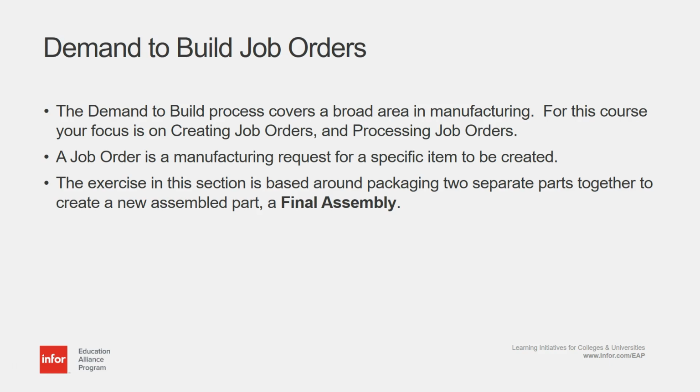We need resources to solidify those products. We also need manpower and all kinds of warehouse space, facilities, etc. So demand to build takes into account all of the things that are necessary, all of the pieces of the puzzle that will allow us to put together a product and meet the demand.